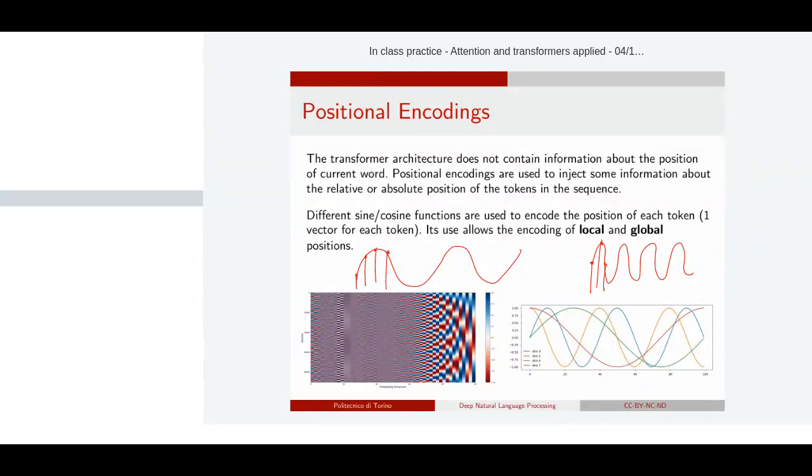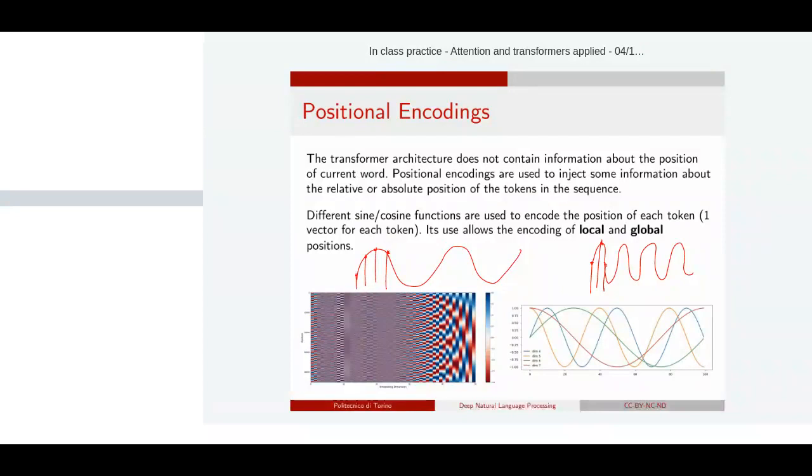If I have just 1, 2, 3, 4, I can say that the 10th word is distant 6 from the 4th word, right? But if I encode the information like this, I can encode local information, local distance, in some cells of the positional encoding, and global or less local information using sine waves with a lower frequency, so a very high period.